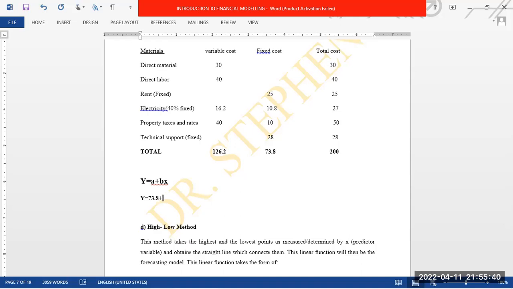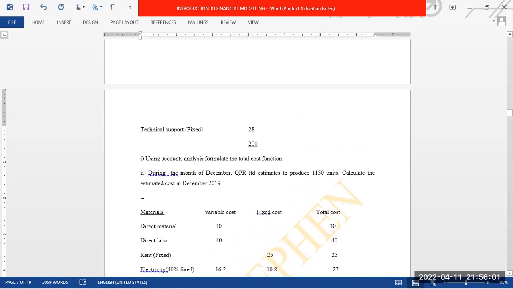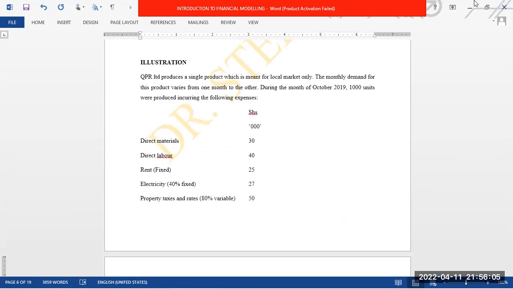You're supposed to be getting 126,200 everything divided by 1000, the cost per unit, which is 1000 units, and 1000 is here.